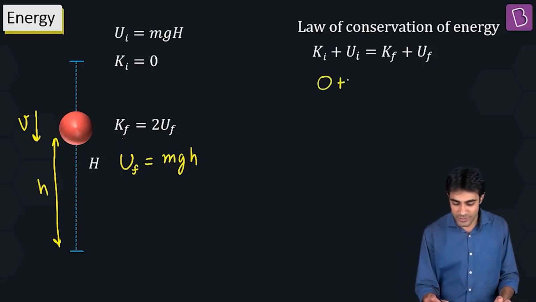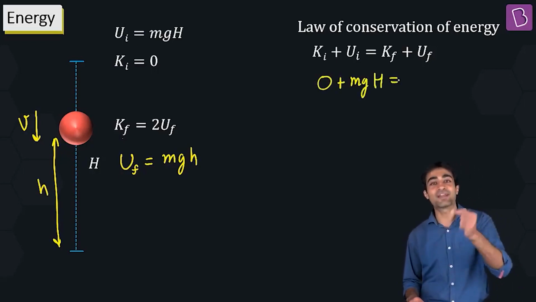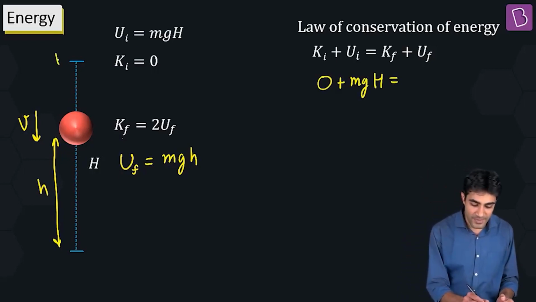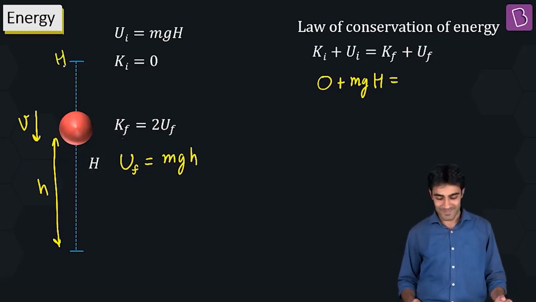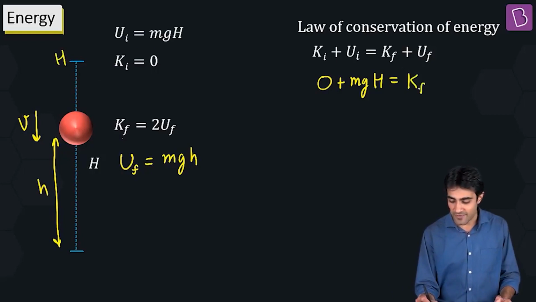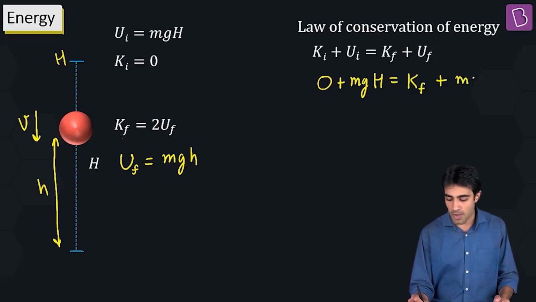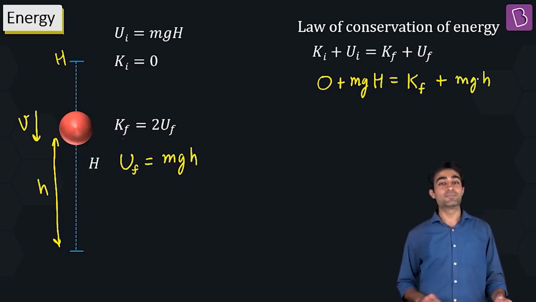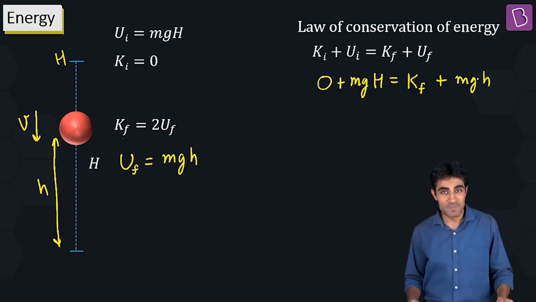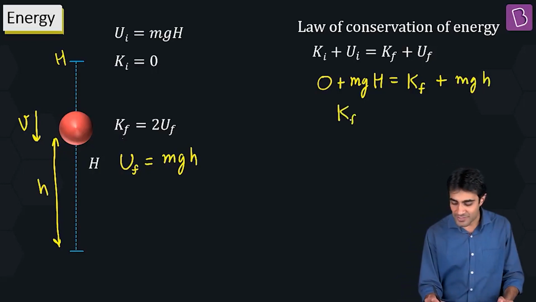And initially the potential energy was mg capital H, at height capital H. Finally, the kinetic energy is K final and the potential energy at this height is mg small h. So the final kinetic energy comes out to be mg(H minus h).